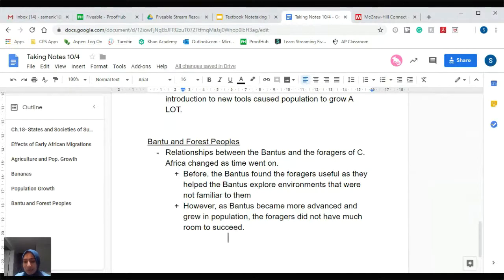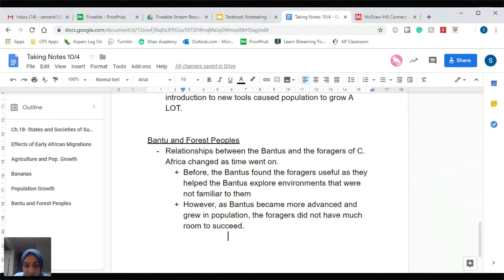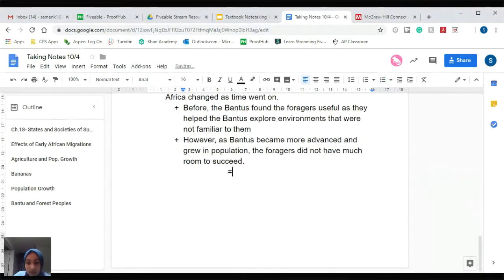What should I do for this one? I'll just do an equal sign.